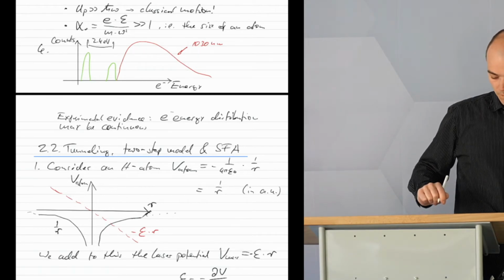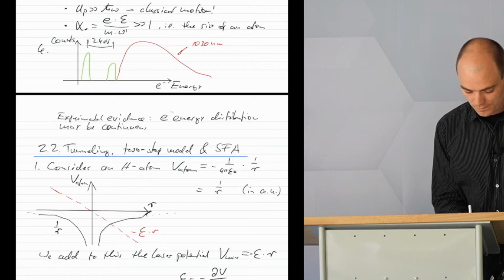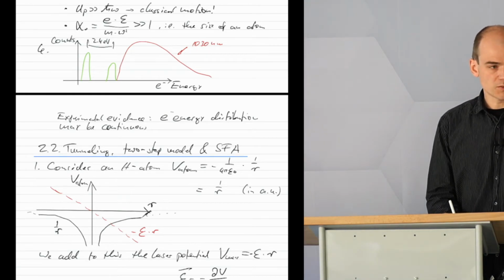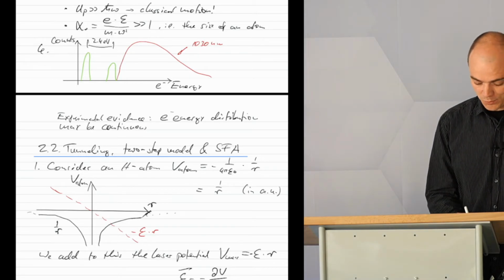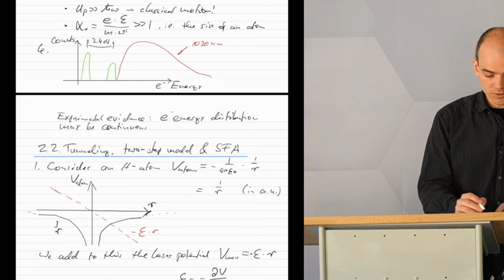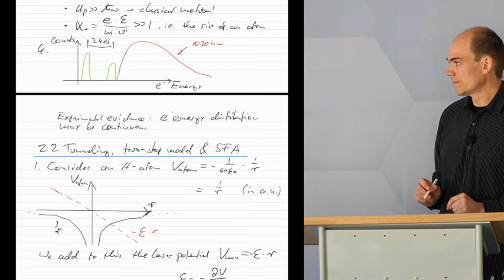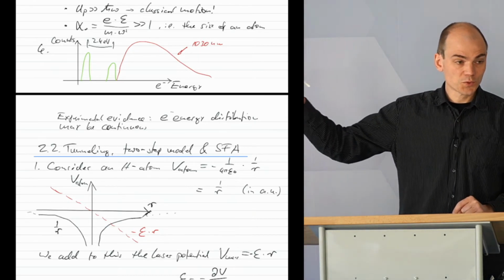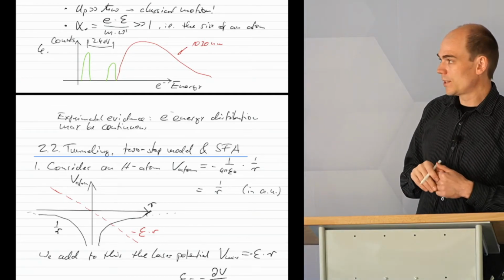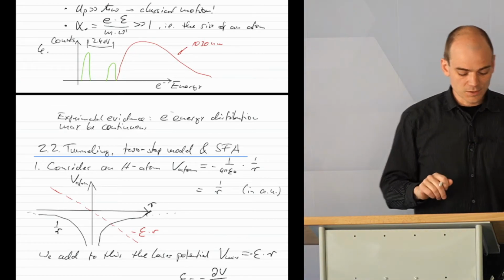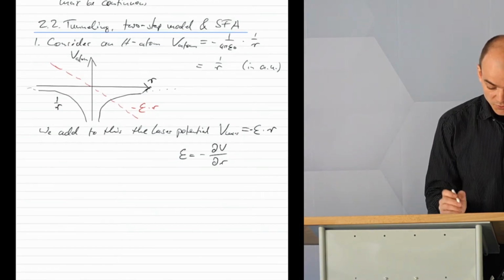Of course, these are vectors, and this would actually be a gradient. But we're in one dimension here, so I'll skip the vector. If you use circular or elliptical polarization, then it's important to take the vector into account.